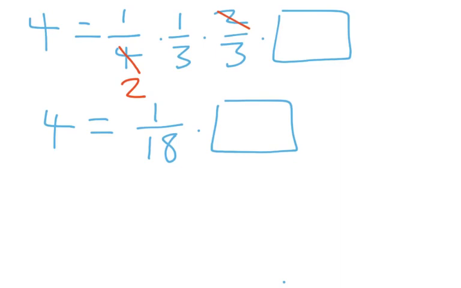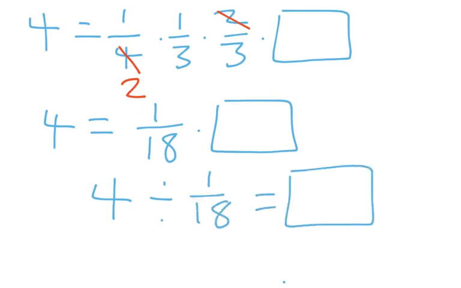Now, again, we're not in high school at this point, so we don't really have notions of solving equations yet, but we do have what we think of as the missing factor definition of division. When you're asking yourself 1/18 times what would equal 4, that's the same thing as asking 4 divided by 1/18 equals what?